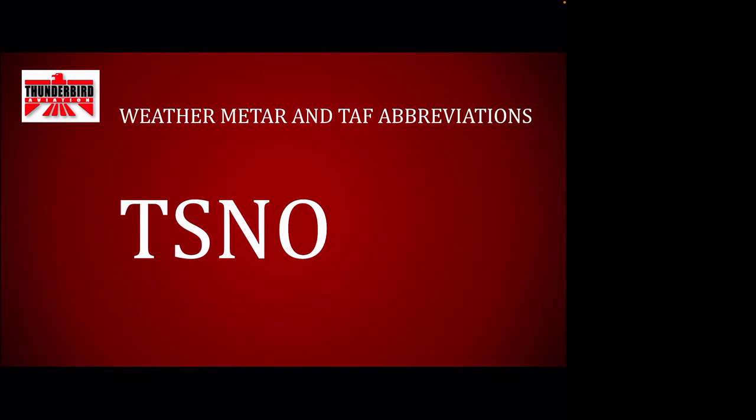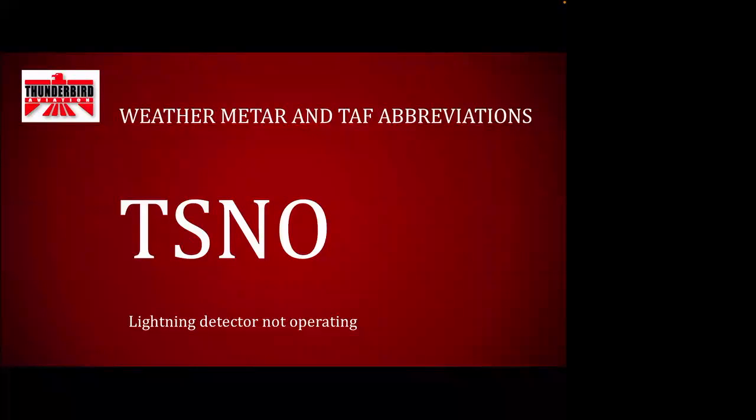Anything that has an abbreviation for a weather type and then the letters NO means that portion of the ASOS or AWOS is not operating. So in this case, TSNO is lightning detector not operating, because there's not a thunderstorm unless there's lightning going on.